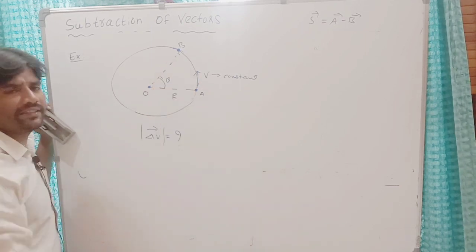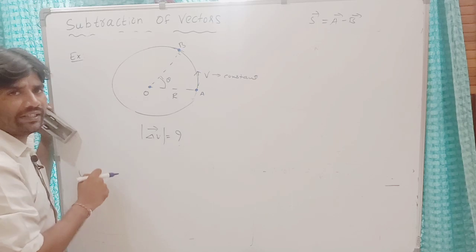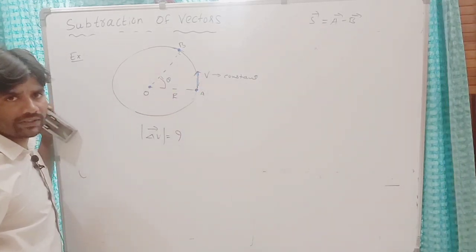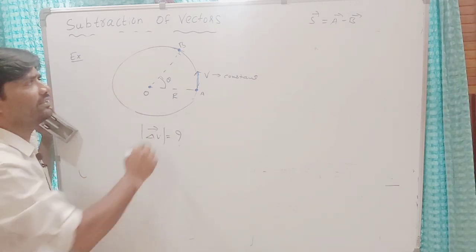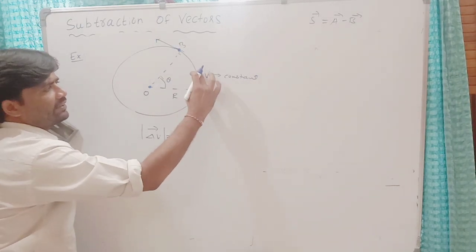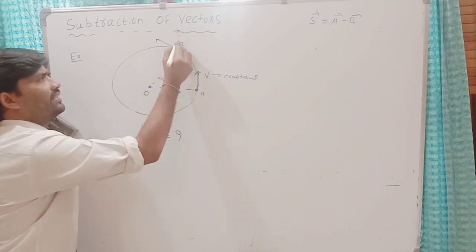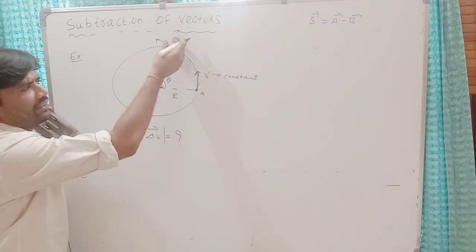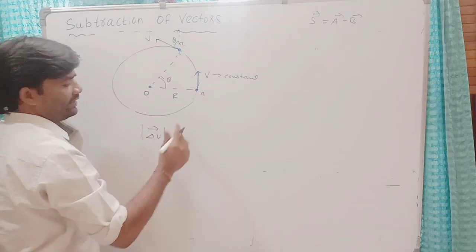Here change in speed is 0, going with constant speed, but direction is changing gradually. Here this is the direction of v. The v direction is always along the tangent drawn to the circle at a given instant. So if you displace this initial velocity up to here, if it is theta, this is also theta. So angular displacement and the change in direction are the same. The angle between this velocity and this velocity is theta.